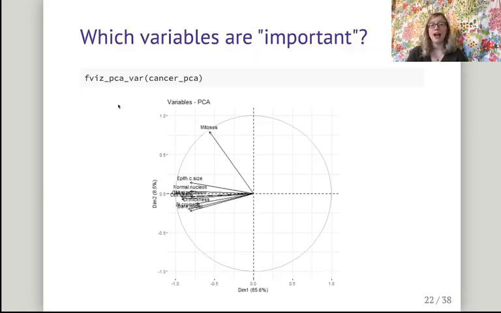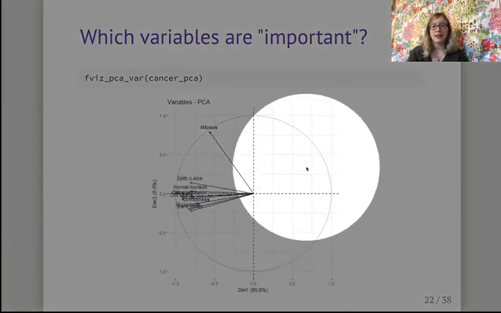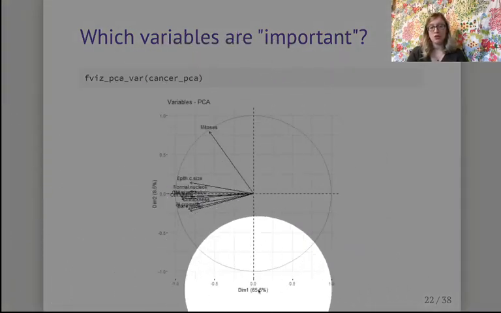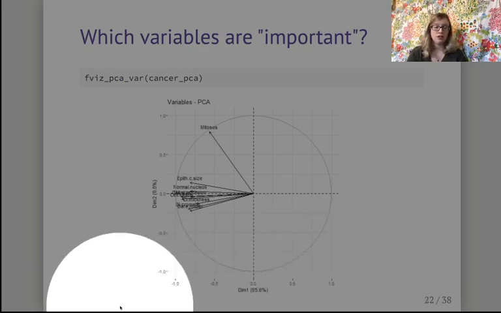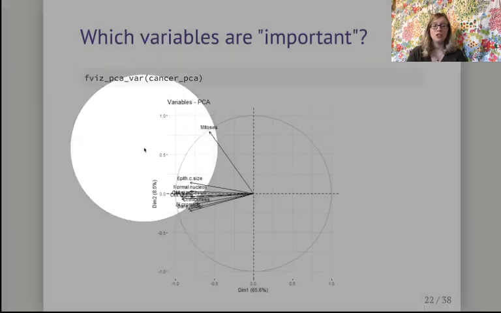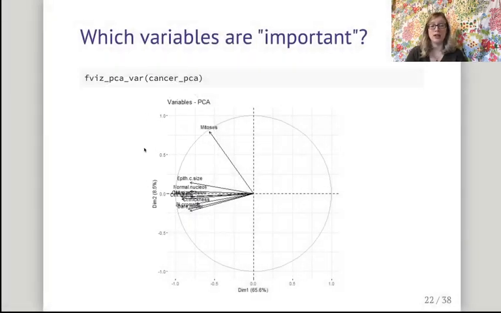Now, if we want to look at how the variables are related, we can create what's called a direction plot. What this direction plot does is plot 2-dimensional vectors. The first dimension, or the horizontal dimension, is the first principal component. The vertical dimension is the second principal component.